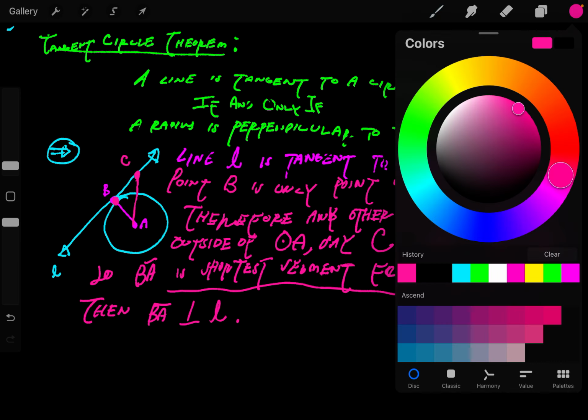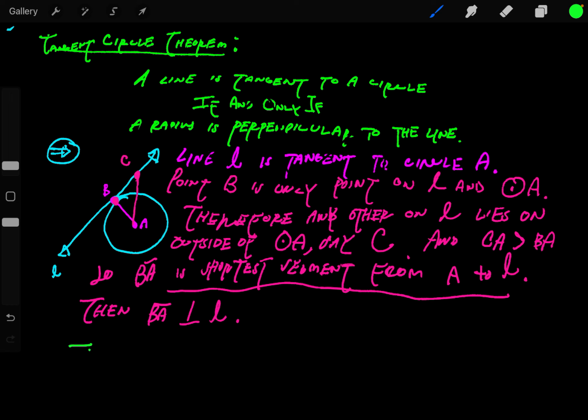Now the other direction is going to be that if it's perpendicular, so I'm just going to draw this as a right angle, I want to show that then it's tangent. And in this case, I think I need to do a proof by contradiction. Assume that it hits more than once.